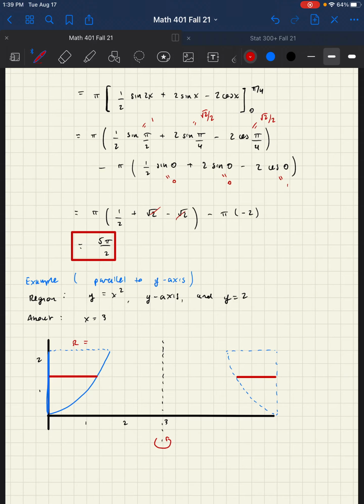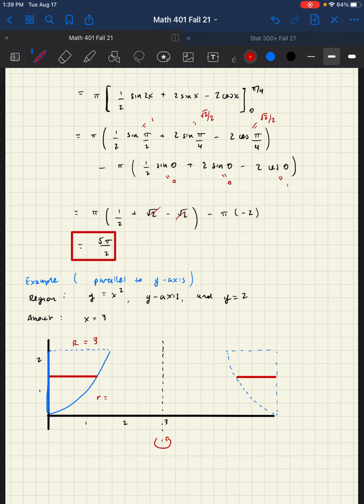So 3. And actually that should be positive, so I'm just going to make that 3.